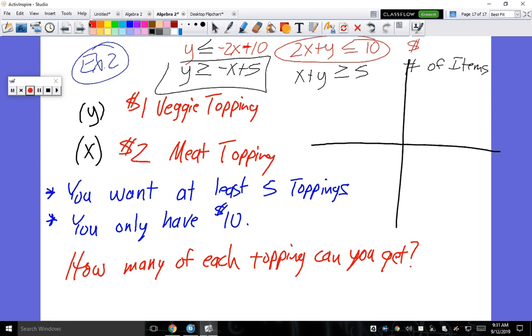Both of them will be solid, for sure. So, 1, 2, 3, 4, 5. Let's do this line in red. It has a down 1 over 1, down 1 over 1. So it's going to go through 0, 5, and 5, 0, and it looks like this. Okay? Lucas, where do I shade?